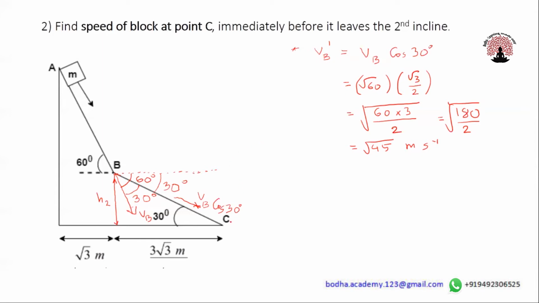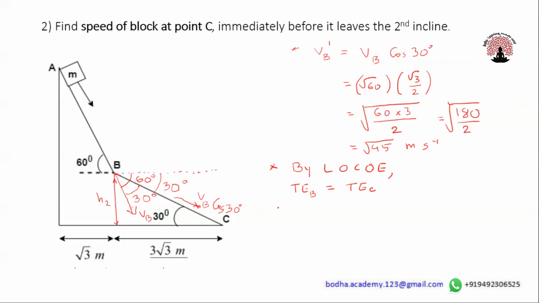Now we want to find the velocity at C. We got the velocity at B. For that, we'll apply the law of conservation of energy at point B and at point C. Total energy at point B is equal to total energy at point C. Total energy is the sum of potential energy plus kinetic energy.